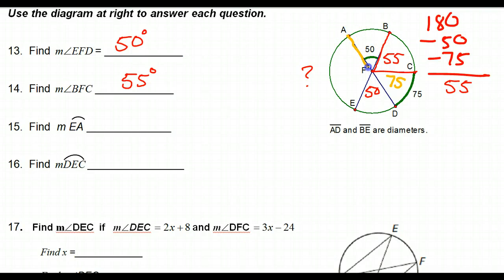If we use this diameter and we look at this semicircle, it's going to be really easy. These two pieces have to add up to 180. So if this was 130, 30 plus 50 is 80, so that would make 180. So this must be 130 degrees.